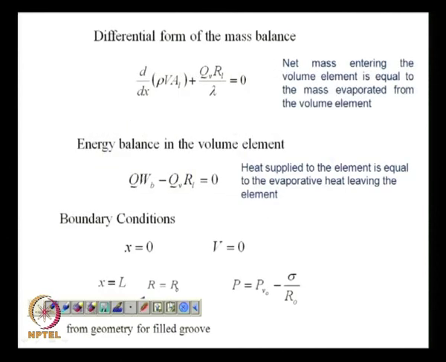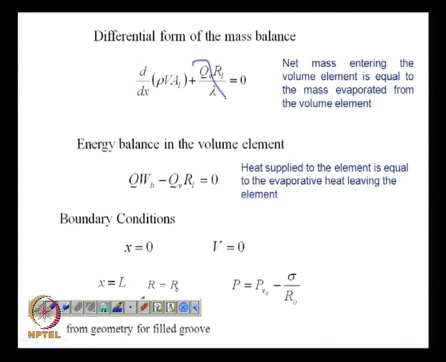Now, if I also write the mass balance, we have some amount of mass which is entering that control volume, and from the top surface, where the liquid and vapor are in contact, I am also having evaporation. So, when I am talking about the evaporative part of the heat pipe, I am going to have evaporation from the top. When I am talking about the condensing part of the heat pipe, I am going to have condensation of vapor on the liquid film.